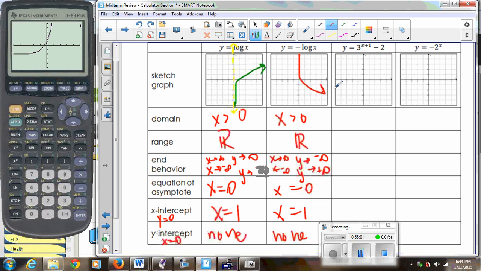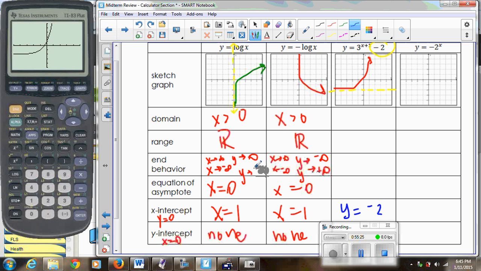I can see that this function starts off like this and then goes up. One of the things I have to remember about an exponential function is it has a horizontal asymptote, and it's always going to correspond to my value of k. So I know my horizontal asymptote is going to be at y equals -2.